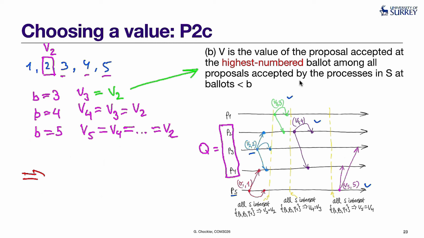So it actually implies P2B, which asks that once a value is chosen at some ballot, the values proposed in all subsequent ballots, 3, 4, and 5 here, will be equal to that value chosen. So we actually proved that P2C part B implies that.